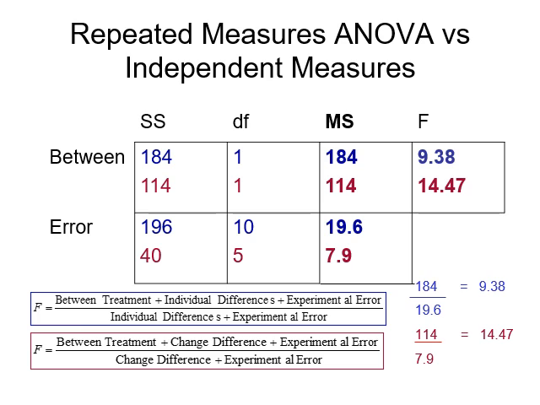It effectively allows us to double up on looking for an effect. And we still have experimental error. And the bottom of the equation is change difference and experimental error. So theoretically, what we're looking at is a little bit different, primarily because we're replacing individual differences with change differences.